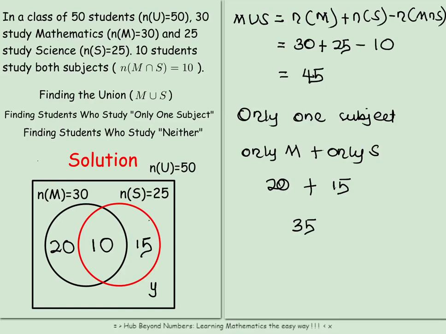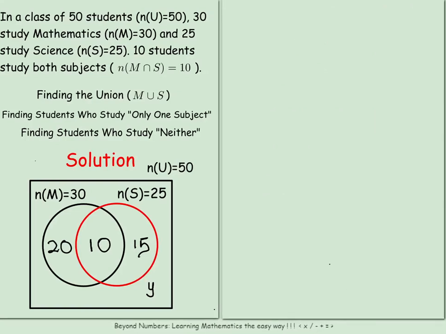Now, the last question asks us to find the number of students who study neither. So neither maths nor science. And that is this portion over here we used as y. So how do we get that? Now, if you remember, we said if the complement is not 0, then it simply means our universal set would be equal to the union of the two sets.